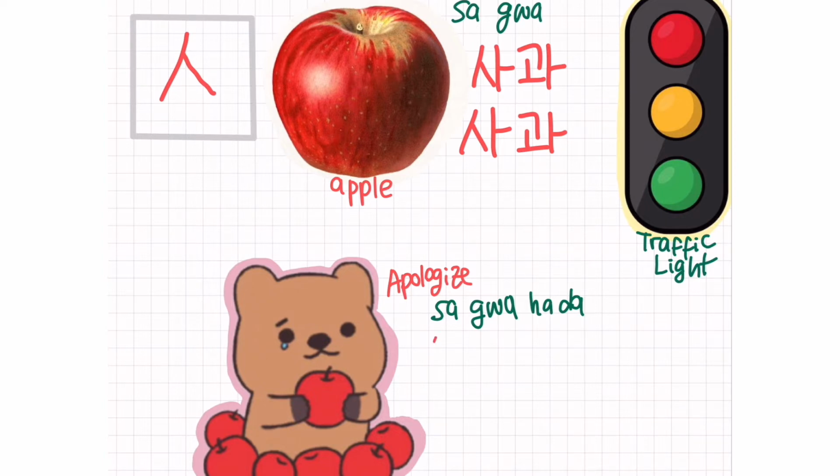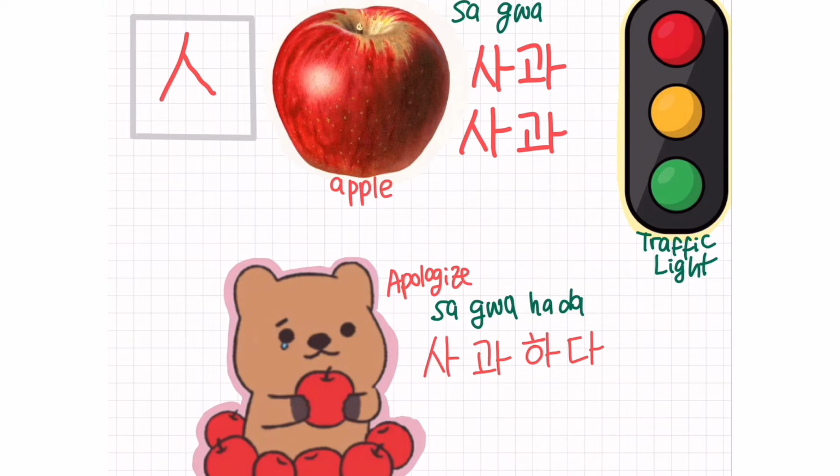So, when you say I'm sorry, you would say 미안해요 or 죄송합니다. But the form, the act of apologizing, you would just say 사과하다.